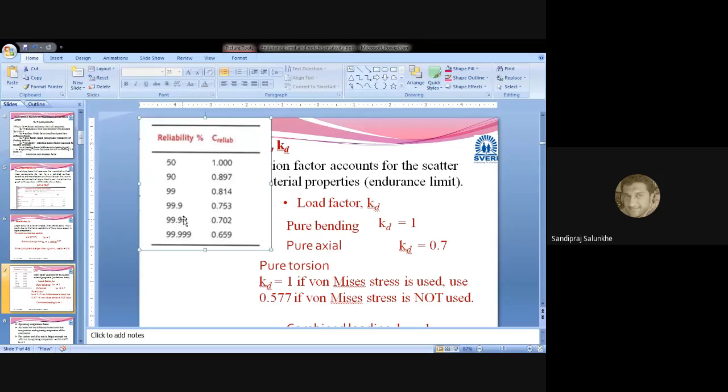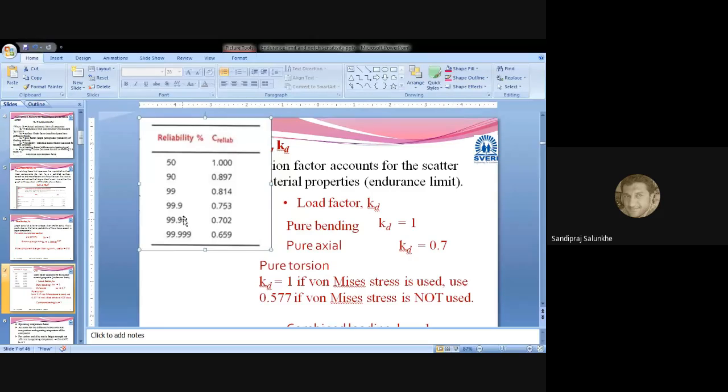When we say 99.9%, there may be a possibility that 0.01% of the parts may fail, and once one fails, the total component and total machinery is going to stop. That's why reliability will never become 100%. You can keep increasing the nines, but it will not become 100%. That is the case for reliability.